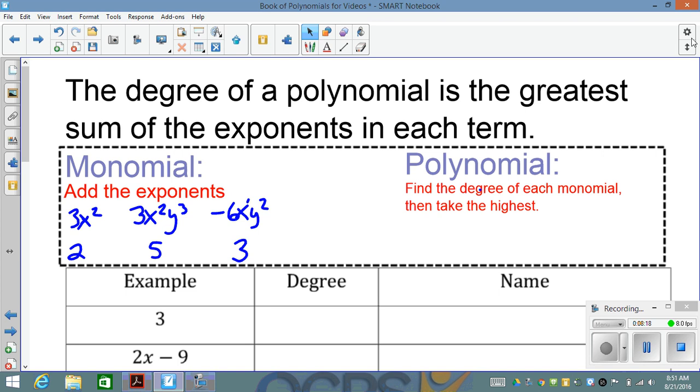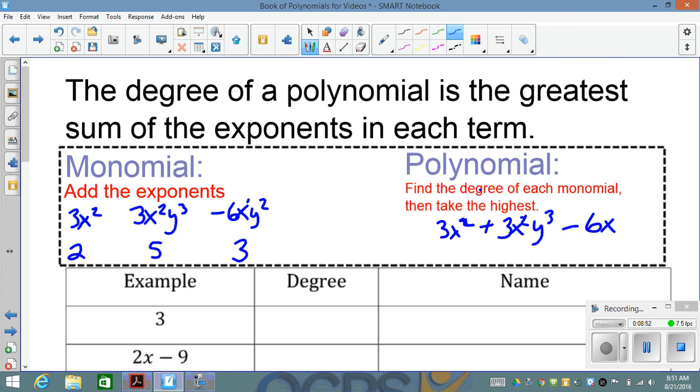And what I'm going to do here is I'm just going to take my 3 monomials and put them together for my example here. So if I have 3x squared plus 3x squared y cubed minus 6x y squared.